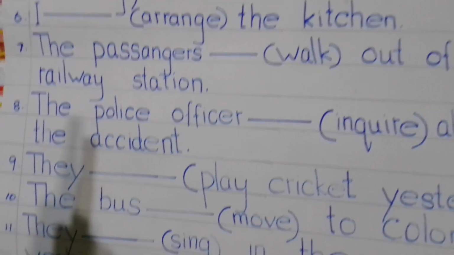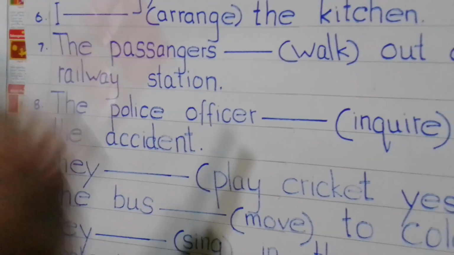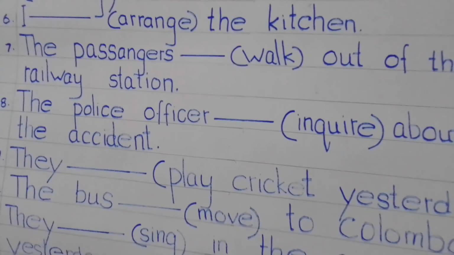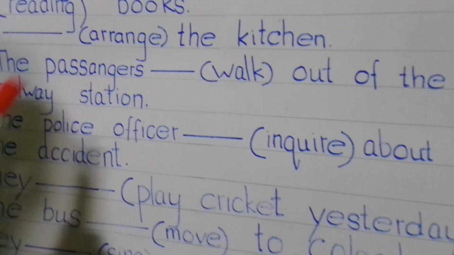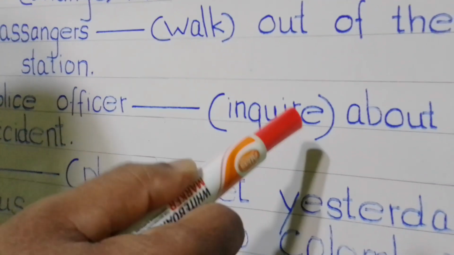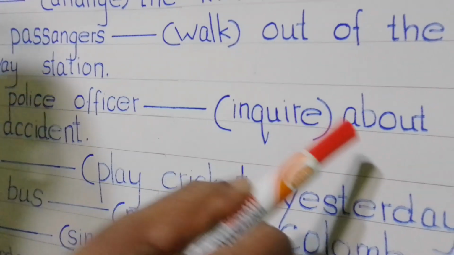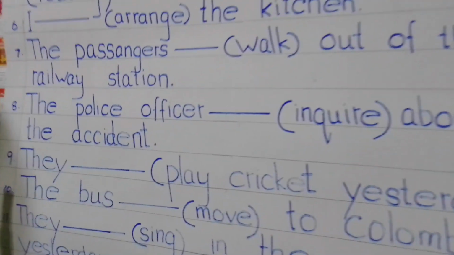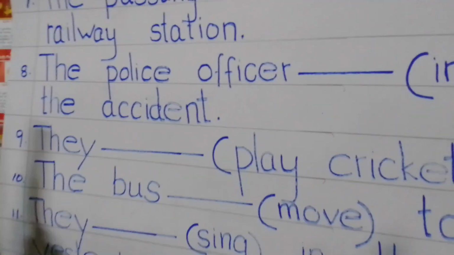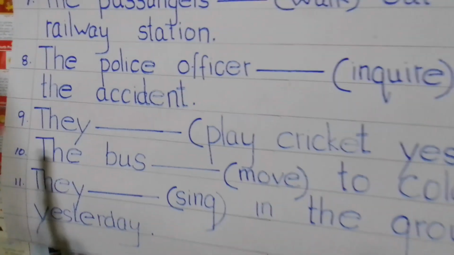Eighth one, the police officer. It is singular. Therefore, you have to use the auxiliary verb was. The police officer was. You have to change the verb as inquiring about the accident. Ninth one, they. The subject is plural. Therefore, you have to use were.